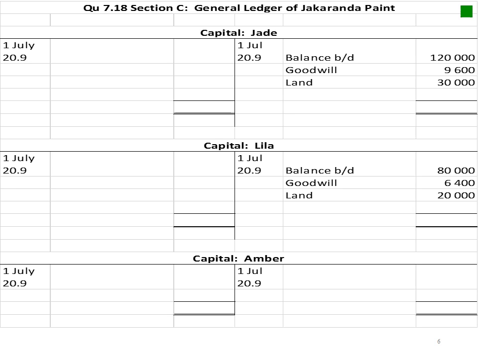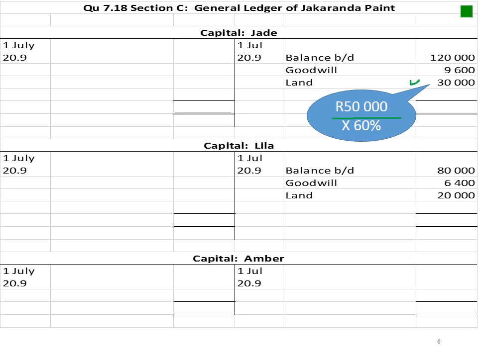Then in the question, they also told us that land increased in value by 50,000. So we'll debit land with 50,000 and we credit Jade with 60% of the 50,000. That's Jade's portion of the increase in the value of land in the partnership up until the point of the admission of the new partner.